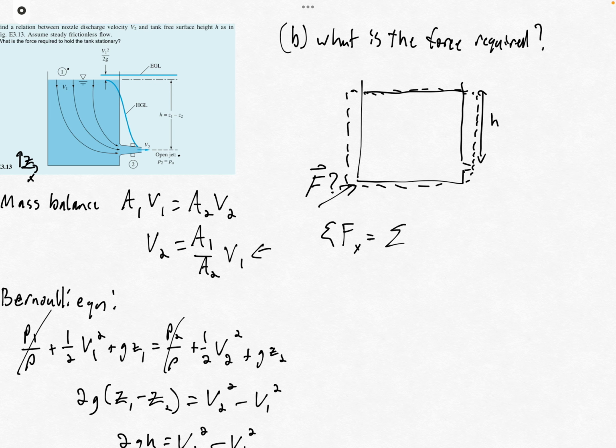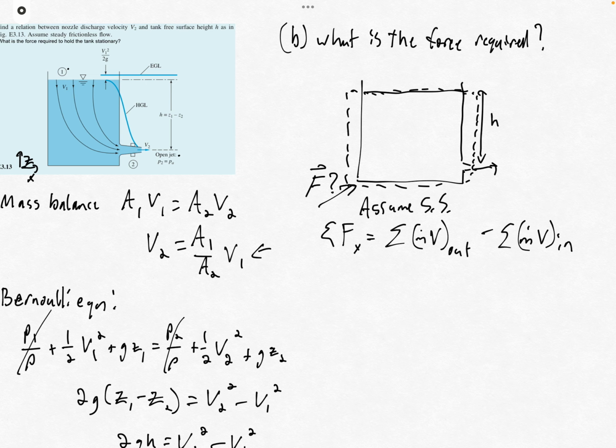So we're going to have the sum of the forces in x, and we'll assume steady state. The sum of the forces in x is going to be the sum of m dot v out minus the sum of m dot v in. In this case, we have flow out through our control surface 2, and that's actually the only place that we have x momentum going into or out of the control volume, right?